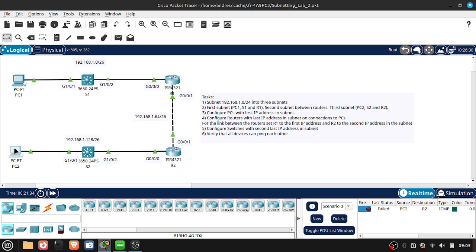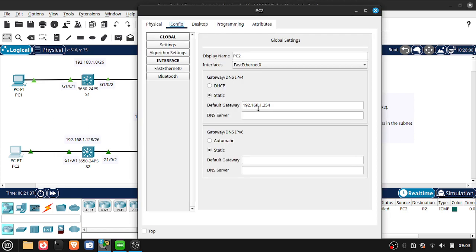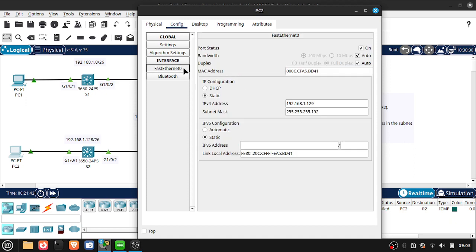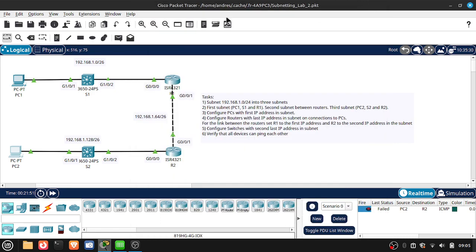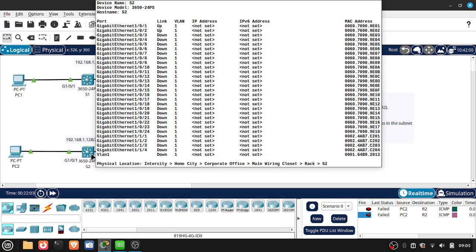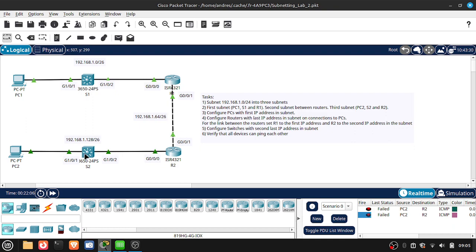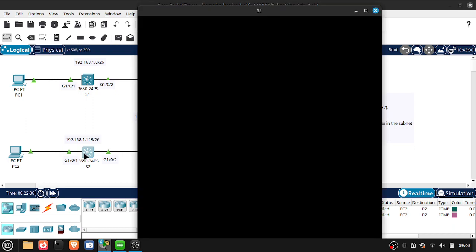And let me see this 192.168.1.254, and with this 192.168.1.129. What about this? Now we can. Nope, it failed. Maybe this switch is not doing it.